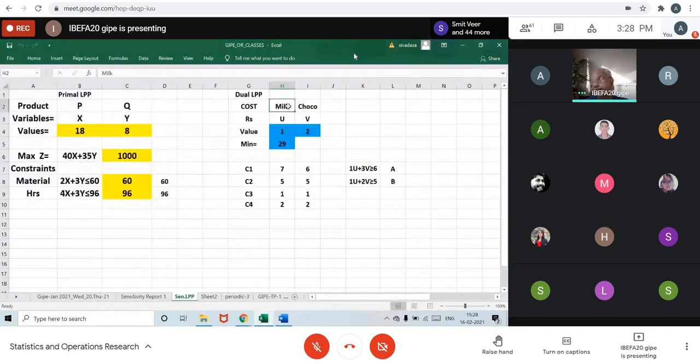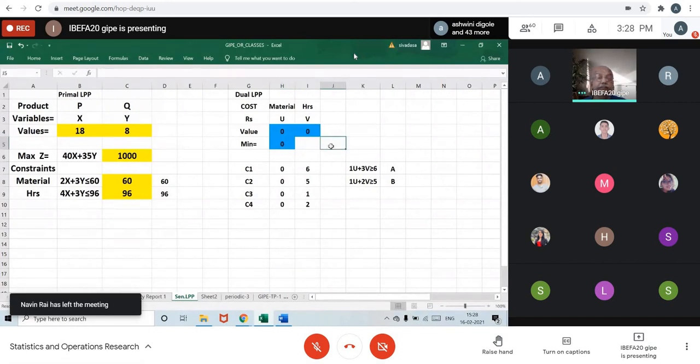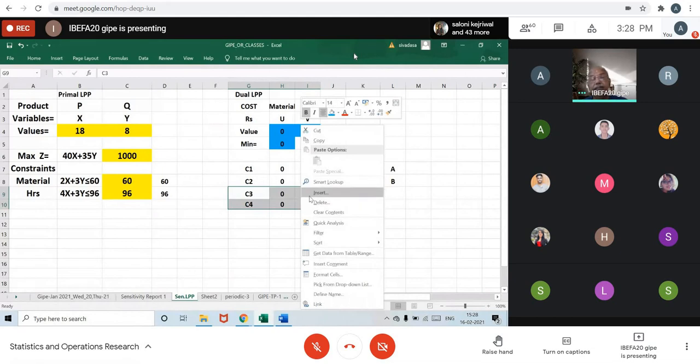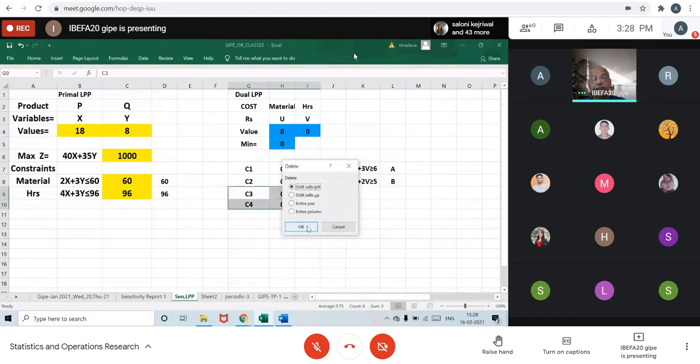So, material and hours. U and V, values are 0. Constraints are only 2.